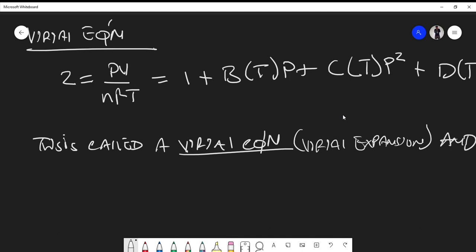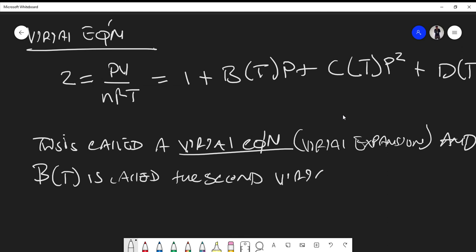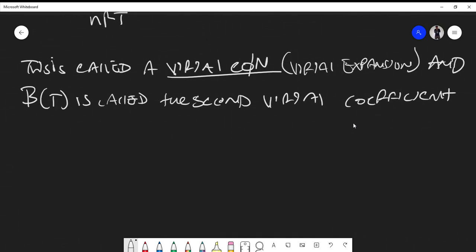And for context, B times T is called the second virial coefficient, and you could guess what C times T is called.